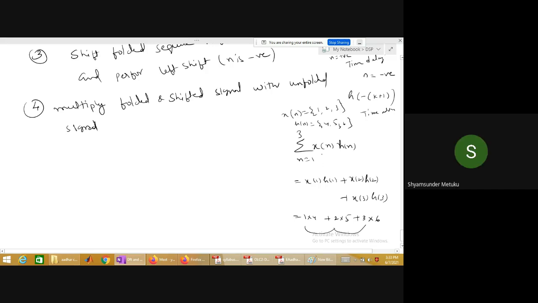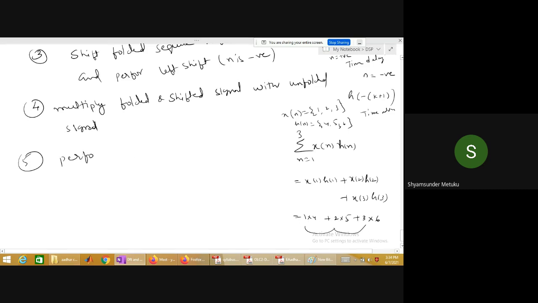Summation, no. So I'm writing step 5. Add all the samples. Okay, don't get confused, I'm rewriting again.